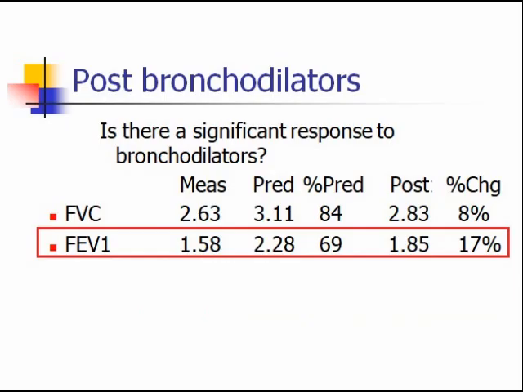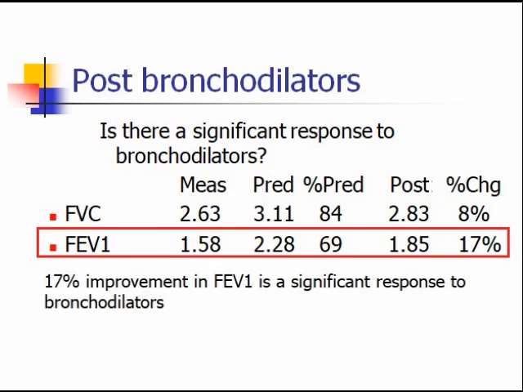We might be doing the post-bronchodilator test to help a physician know whether or not sending a patient home on a bronchodilator, even an MDI, is going to be beneficial. So after the test, we look at the FEV1, and we say there's a 17% improvement in the FEV1, which is a significant response to bronchodilator.